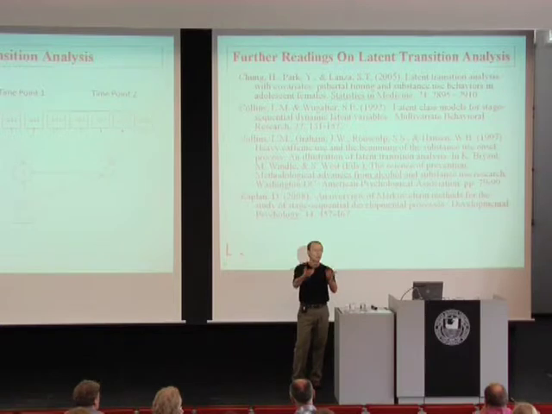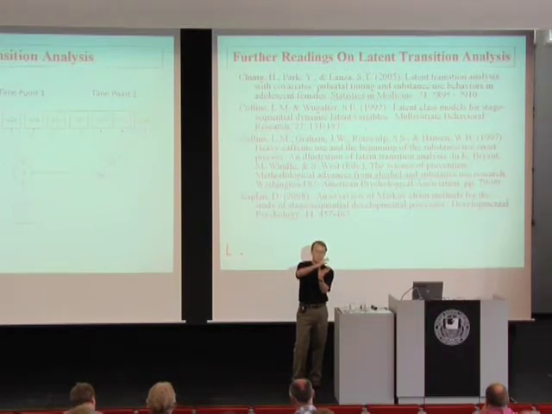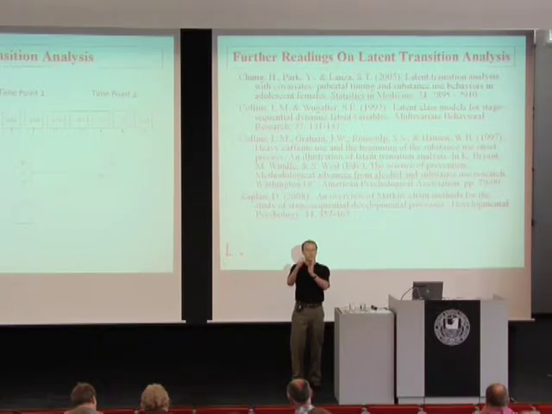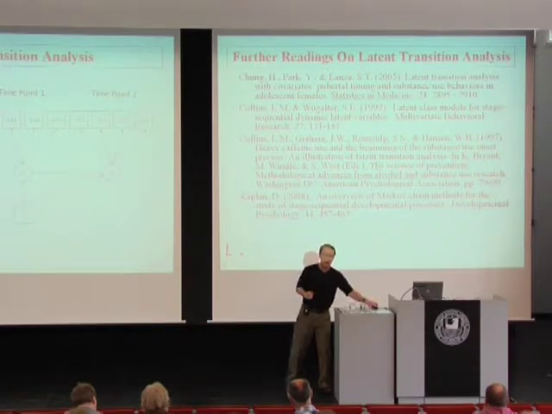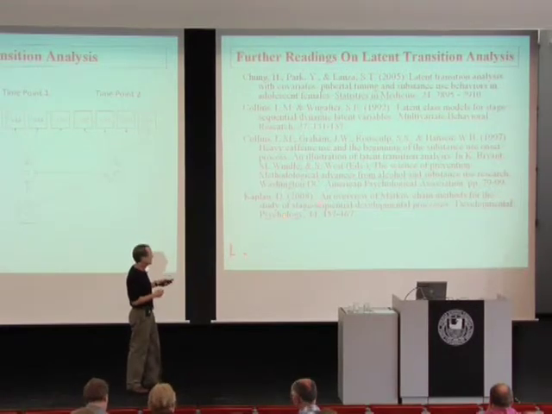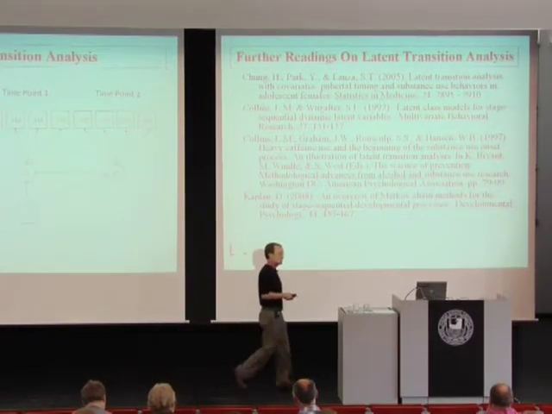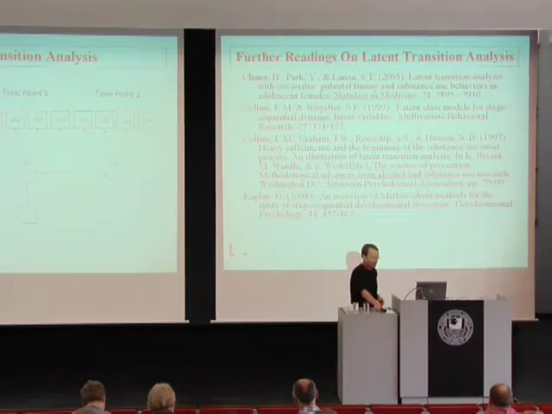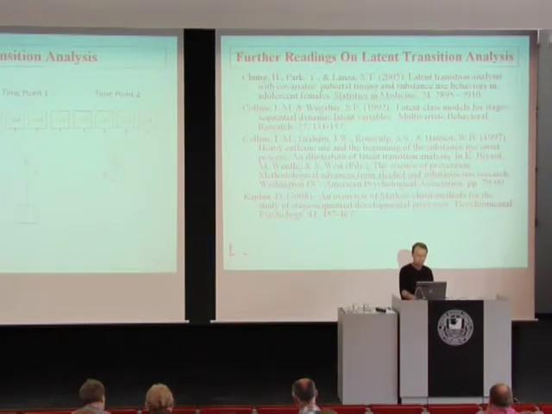You only become more informed over time, not less informed, which implies that the transition matrix has zeros in the bottom half. You have zero probability of knowing less at time 2. You only have positive probabilities of knowing more at time 2. And how you impose those kinds of zero restrictions in the Mplus context is described in this paper, which also sits on our website under papers and under the subheading latent transition analysis.